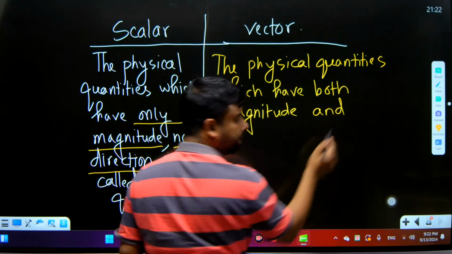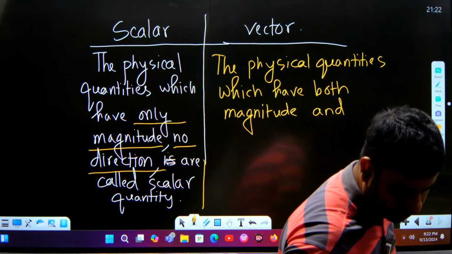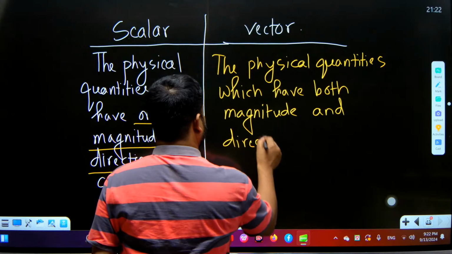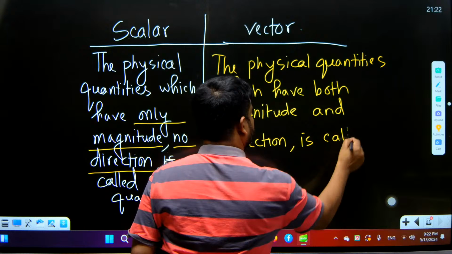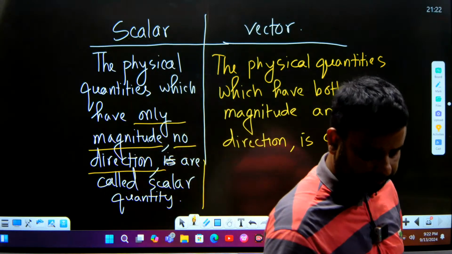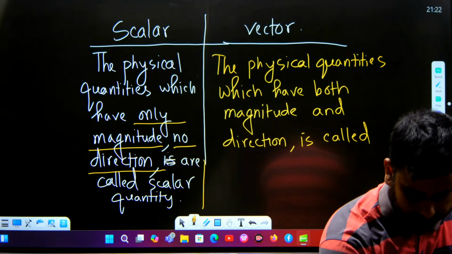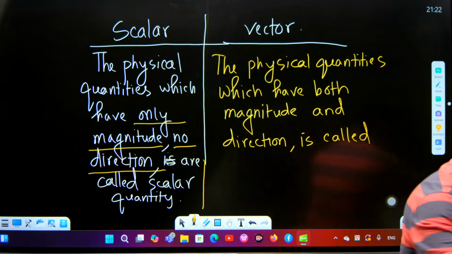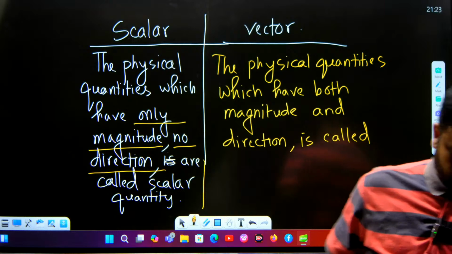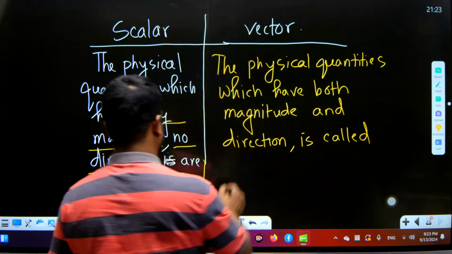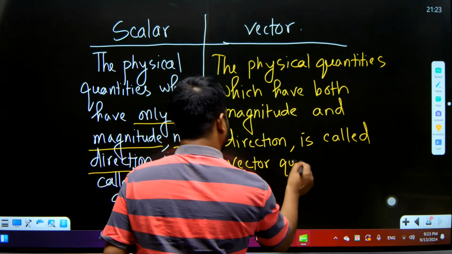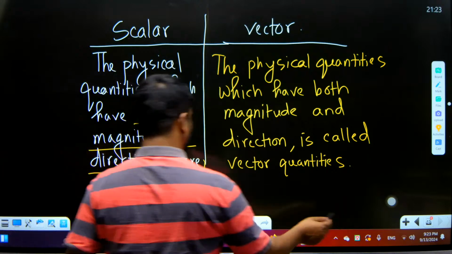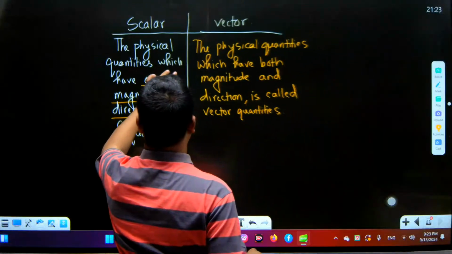They are called vector quantities. So let me give some examples of scalar and vector.